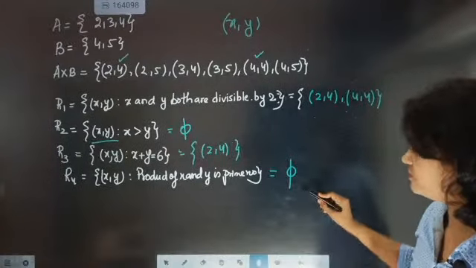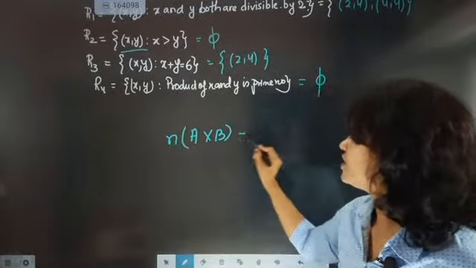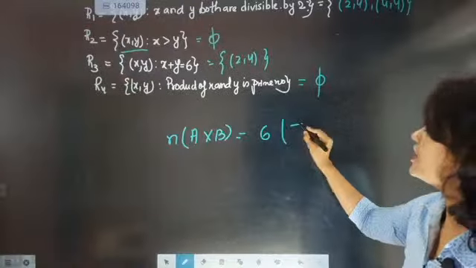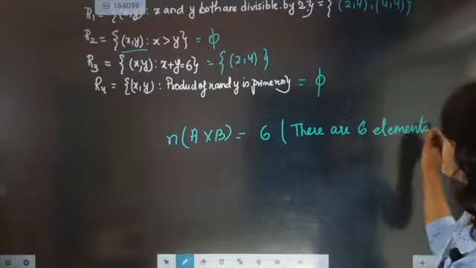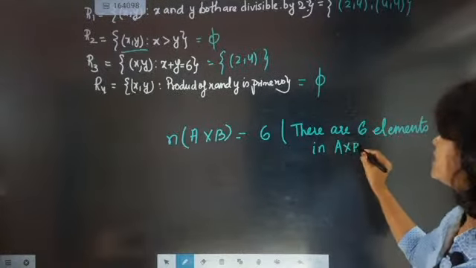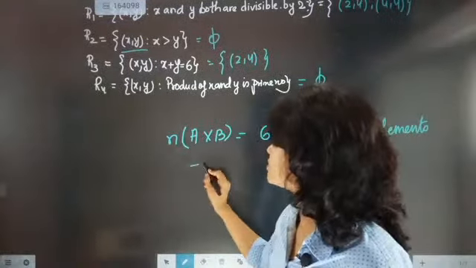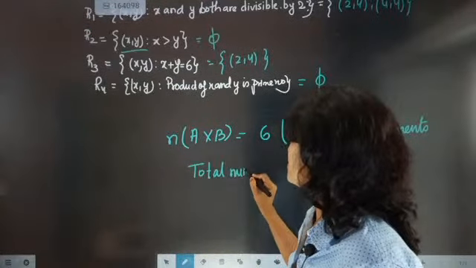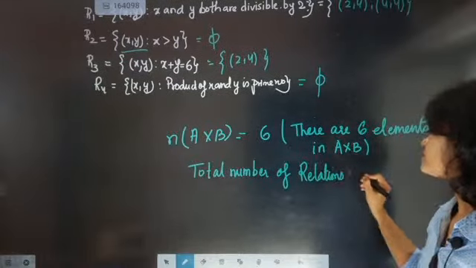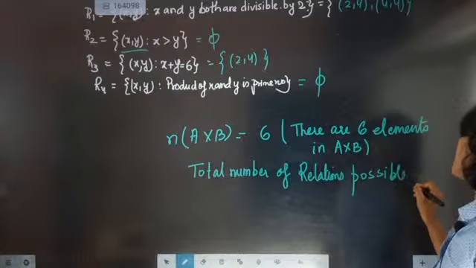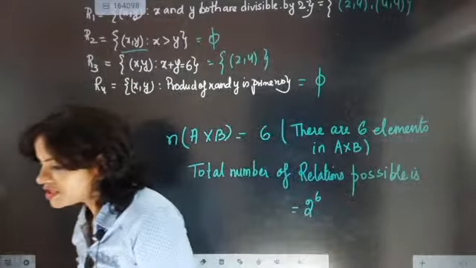So now, beta, the number of relations possible. The cardinal number of A cross B is coming as 6, means there are 6 elements in A cross B. Now, how many relations are possible? The total number of relations possible is 2 to the power 6.